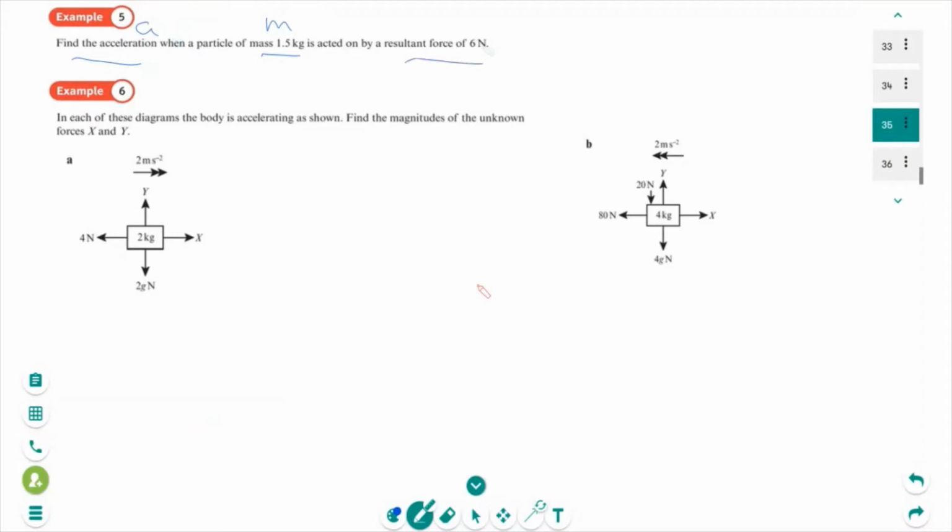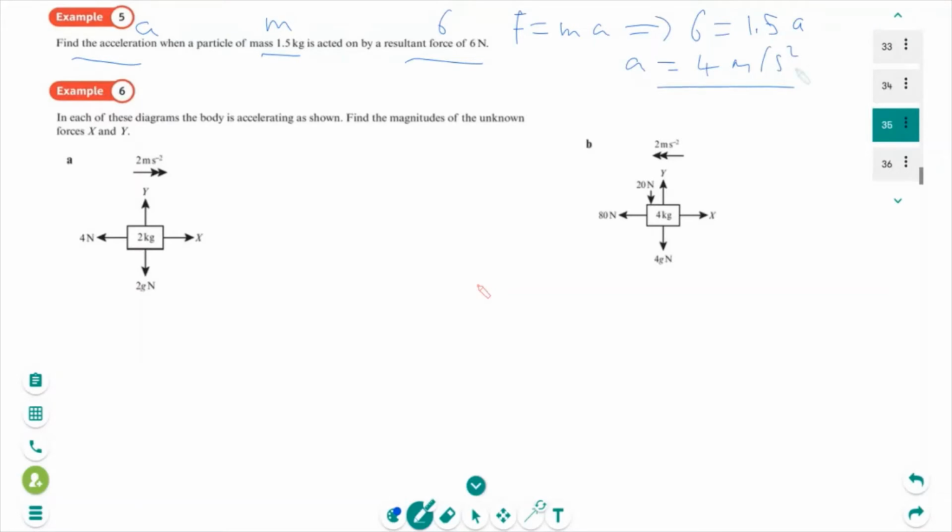So you just plug it into the equation, F equals ma. That'll give you 6 equals 1.5 times a. Then you just do 6 divided by 1.5. That tells you a is equal to 4 meters per second squared.